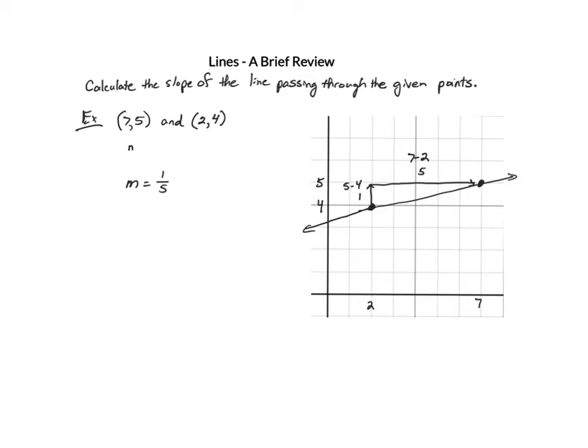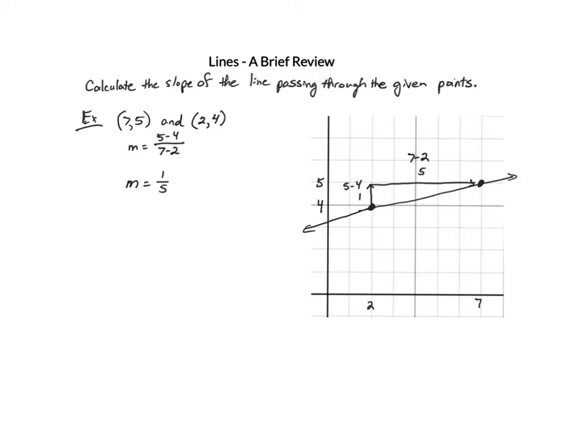So let me write that right here. We have 5 minus 4 over 7 minus 2. And we can calculate the slope that way. Notice in the numerator, it is the difference between the y coordinates. And in the denominator, it's a difference between the x coordinates.